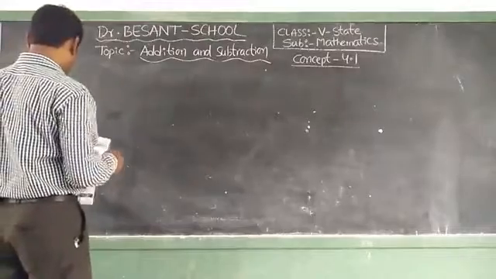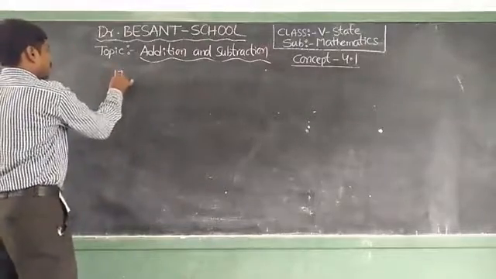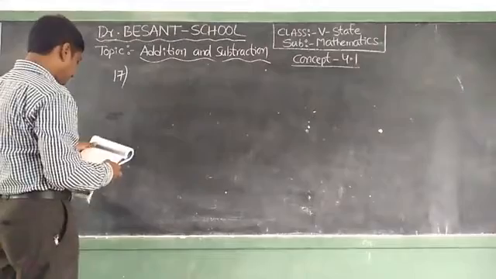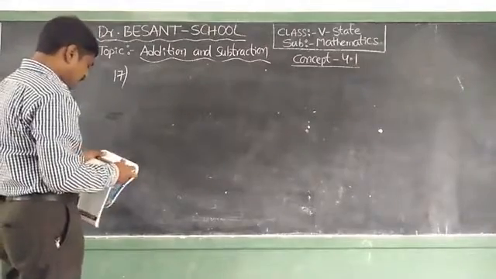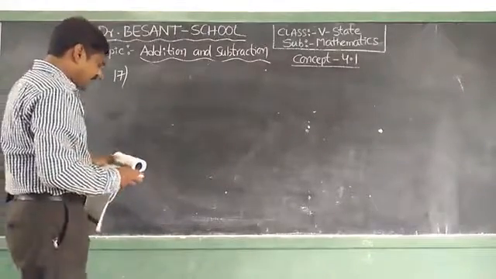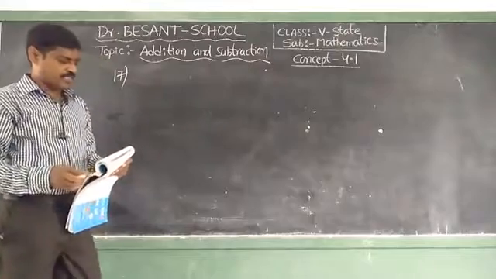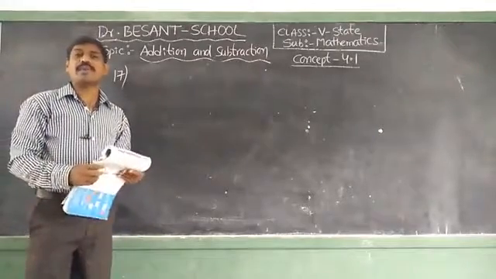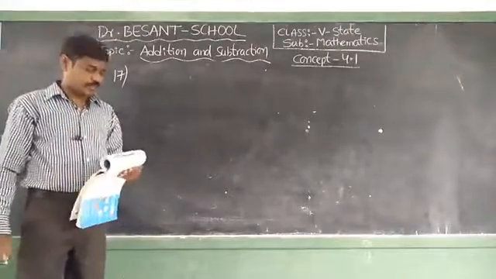Next, 17th one. Children, observe here. Amit has 2 apartments in Pune. How many apartments? 2 apartments.